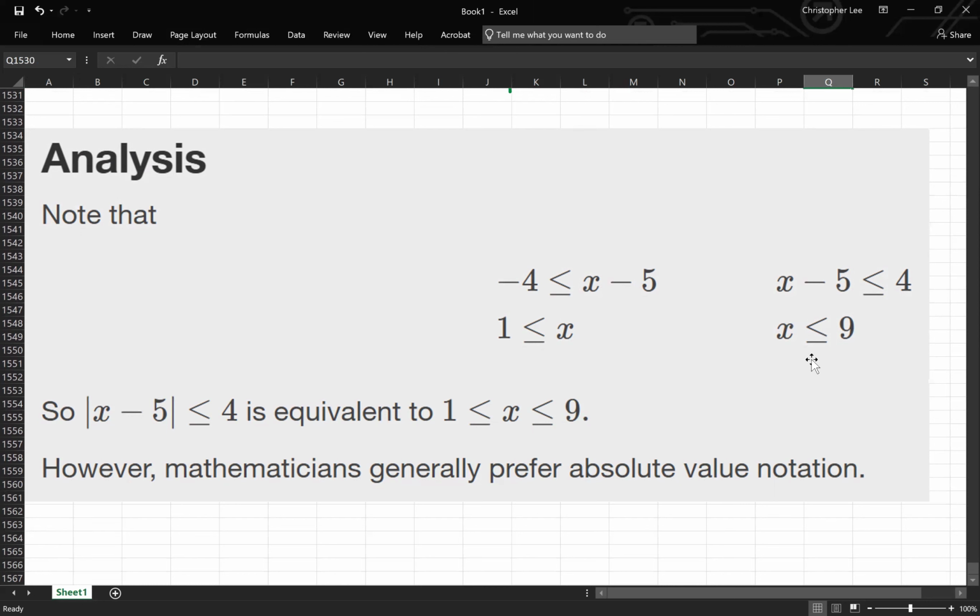That will give me x is less than or equal to 9. Put them together and we get back to our original part that we had before. 1 less than or equal to x less than or equal to 9. So the absolute value of x minus 5 is less than or equal to 4. So generally in math, we like to use the absolute value function as opposed to doing the inequality.